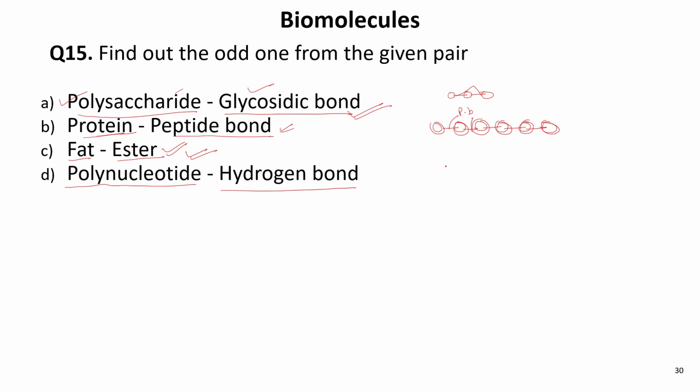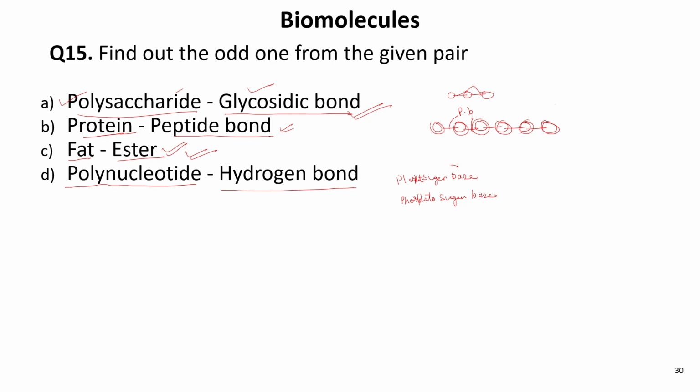Polynucleotide. Suppose we have one nucleotide, that is base, sugar, and phosphate group. Again, we will have here a phosphate group, sugar, and base.